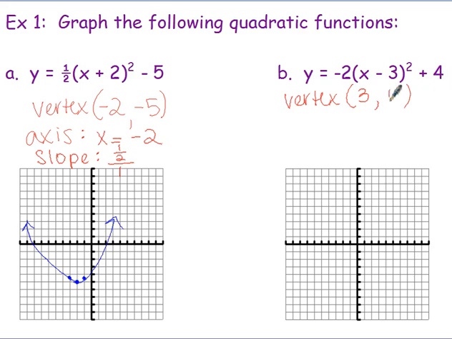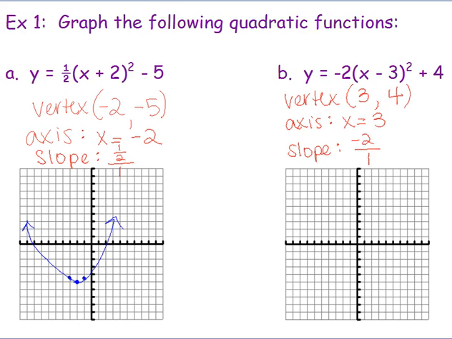And keep 4 the same. Our axis of symmetry is always x equals the first number. Our slope is our a value, which is -2, and it's always over 1.